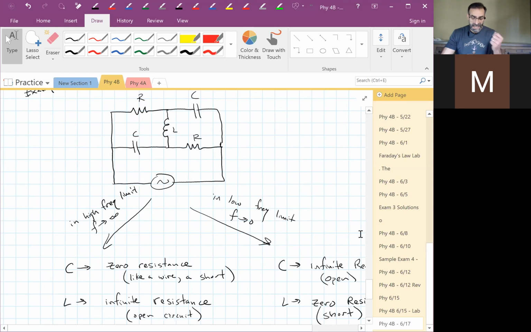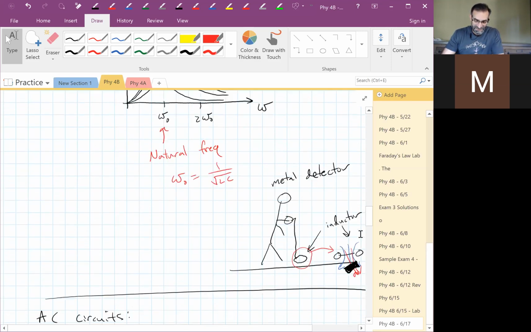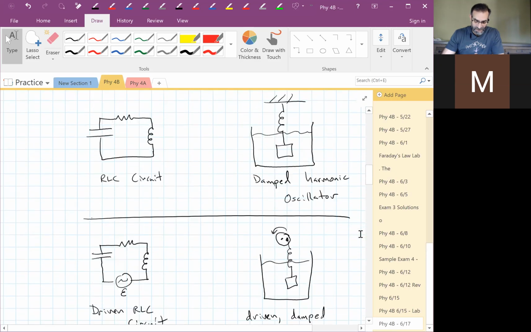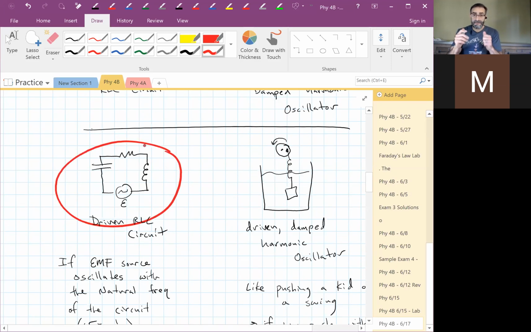complicated, because in an AC circuit, what makes it complicated? Here's an AC circuit. In an AC circuit, there's a phase difference between when the different components hit their maximum voltages.